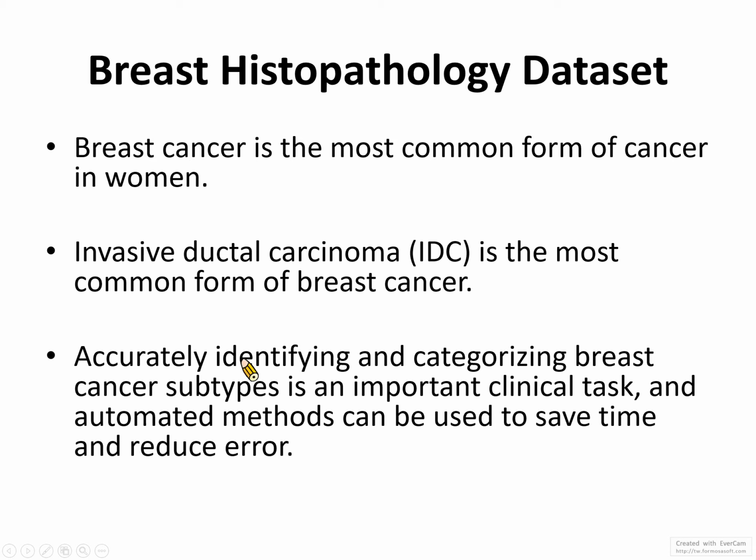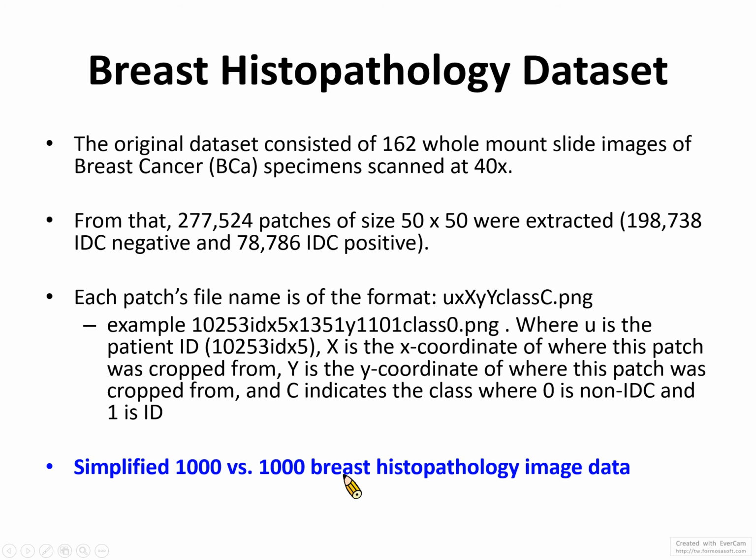So accurately identifying and categorizing breast cancer subtypes is an important clinical task, and automated methods can be used to save time and reduce error. And I just copy and paste the description of this data set so you can have more insight into this data. So I will read this for you.